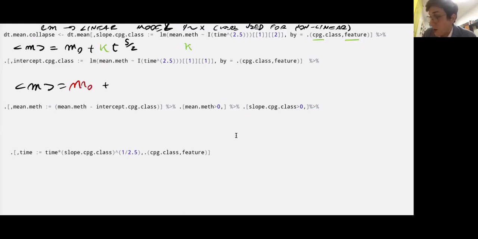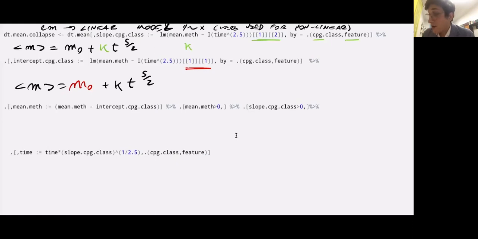Once we know k, we don't even need to extract it separately, because this function will just give you both m0 and k. As you can see here, k you extract as lm, with this 1, 2. This is basically saying lm always gives you both m0 and k. This says extract k, and this says extract m0, so the initial offset.